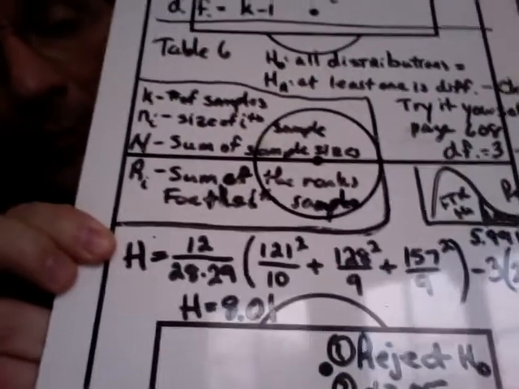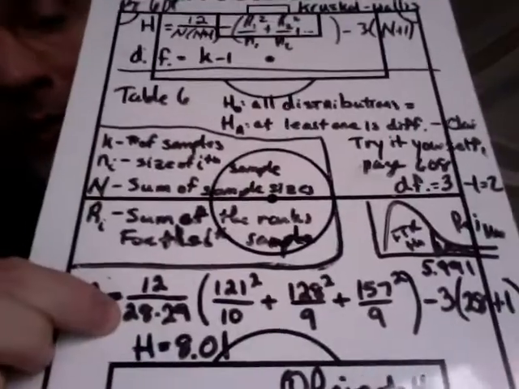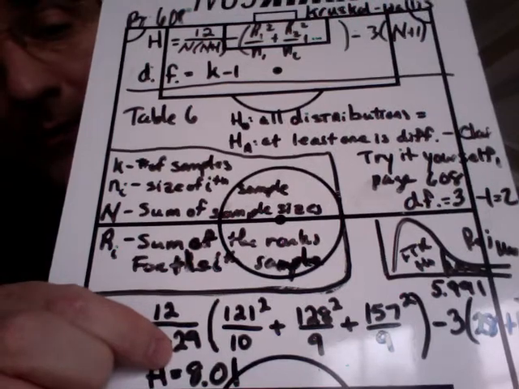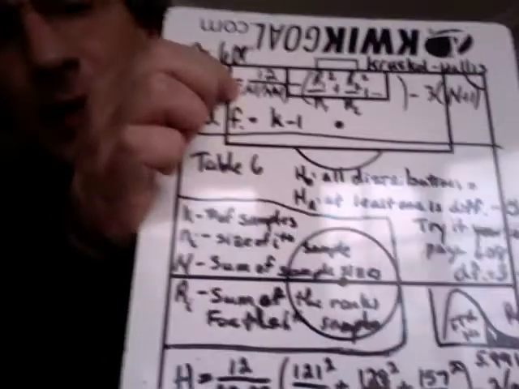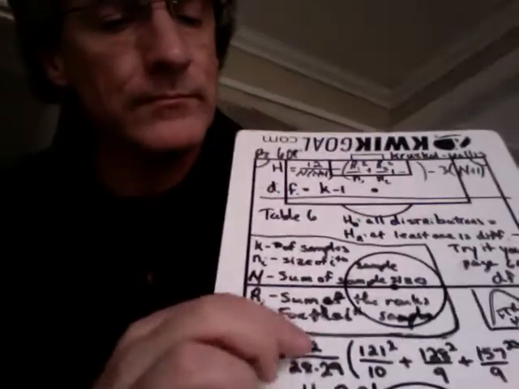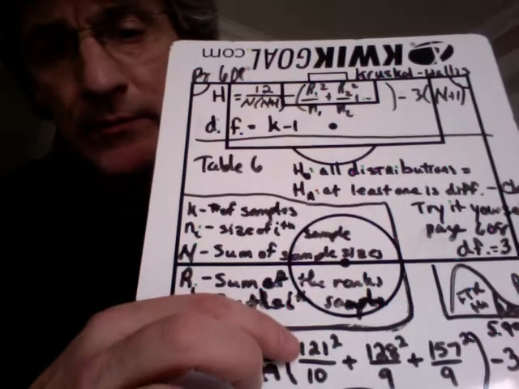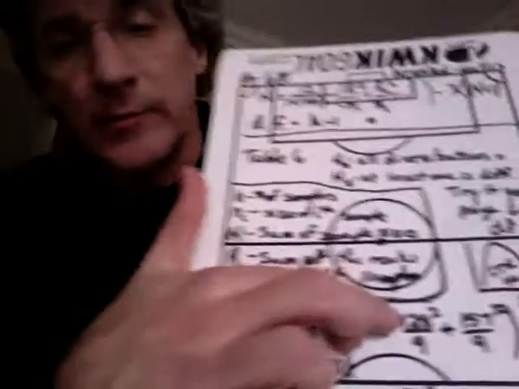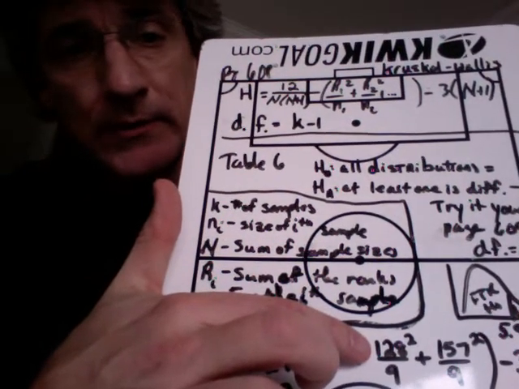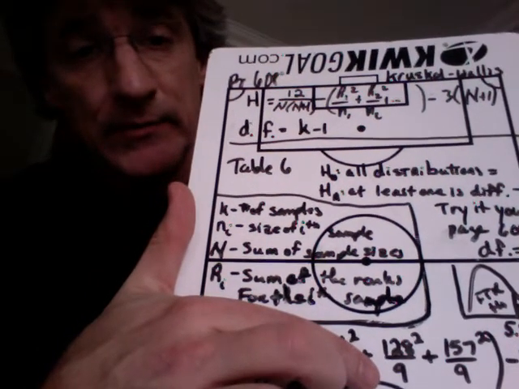In computing our test statistic, down here we had H getting computed. We had the 12 from the formula, and then we had 28 total items in our samples. Multiply that by 29 as well, and that's in the denominator. And that comes from the formula. If you travel back up here, it's N times N plus 1. Then the sum of the ranks for the first category was 121, and we square that, divide it by 10, plus the sum of the ranks for the second category, which was 128, and we square that, divided by 9, because there's 9 items in that sample.